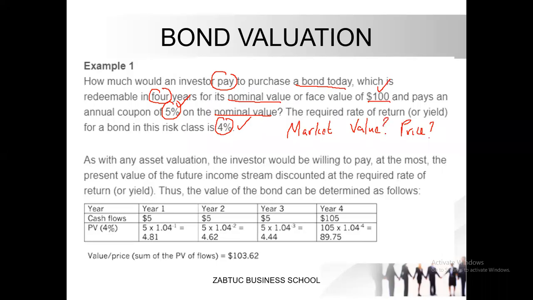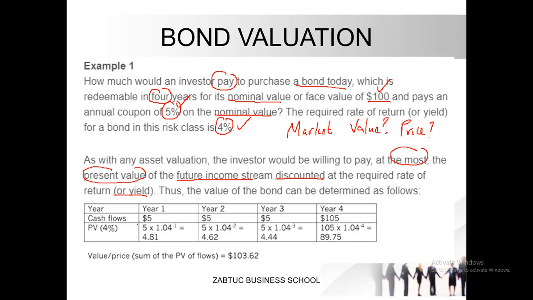Answer, you discount. As with any asset evaluation, the investor would be willing to pay at the most the present value of the future income stream discounted at the required rate of return or yield.